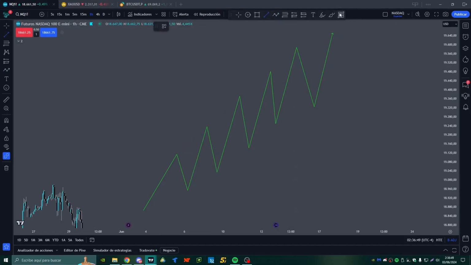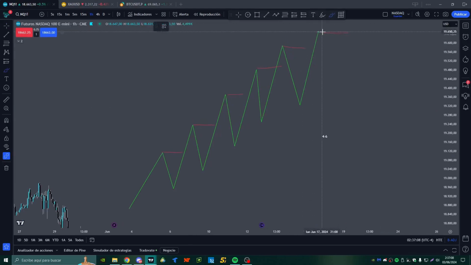Let's do it with this. 1 high, 2 highs, 3 highs, 4 highs, 5 highs, 6 highs. He says that between the 4th and 6th swing, a reversal would be expected. That is, it can already be expected that the market will turn back.